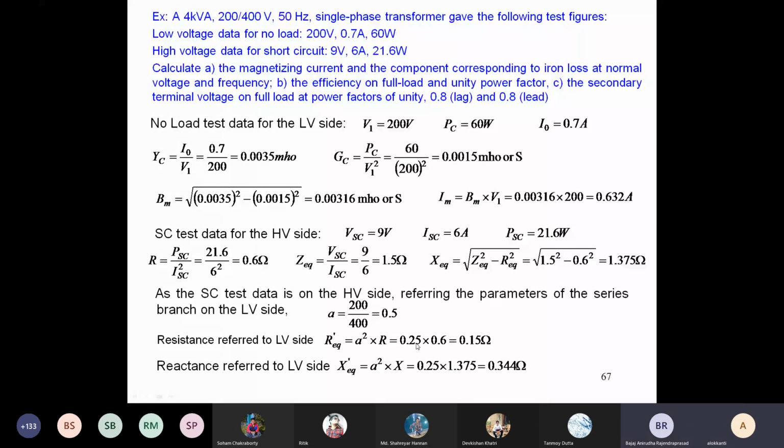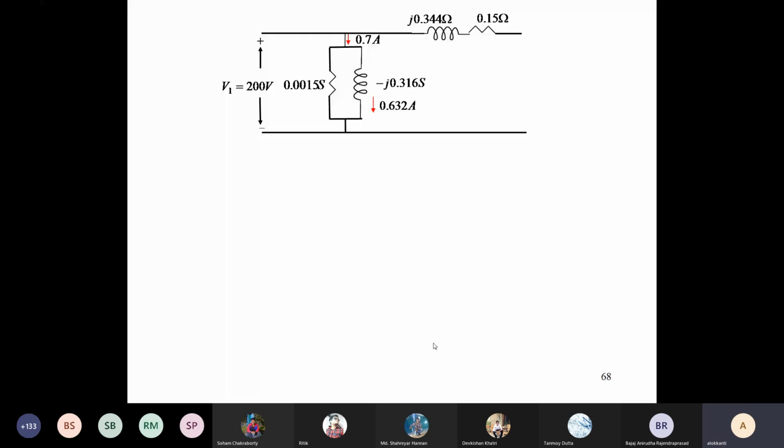Is it necessary to show the resistance value in conductance form or susceptance form? No, you can show it by resistance form also. In fact, it may be convenient to do it by resistance forms.